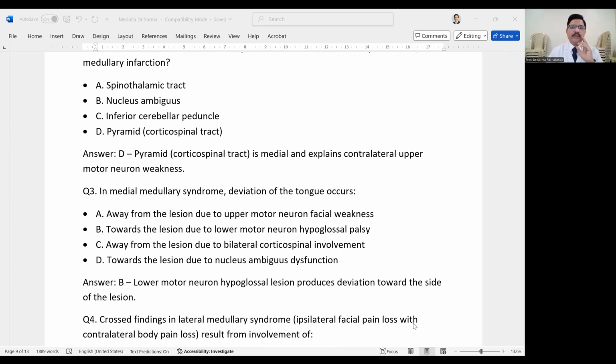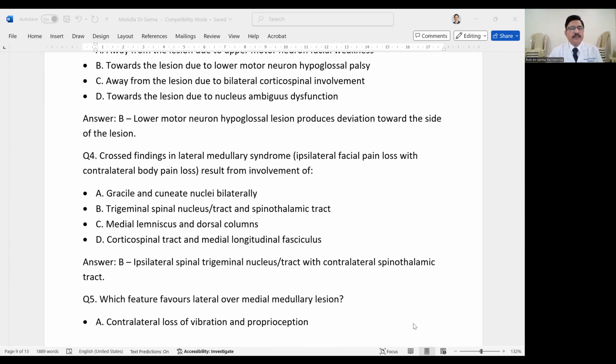Why? Because of the unopposed action of the genioglossus on the opposite side. The answer is B, isn't it? A lower motor neuron hypoglossal lesion produces deviation towards the side of the lesion. Next one you see. Why? Ipsilateral trigeminal spinal nucleus and tract, contralateral spinothalamic tract. You understood that now?